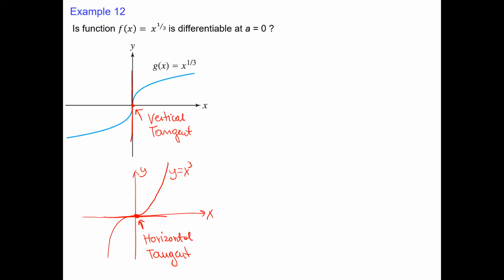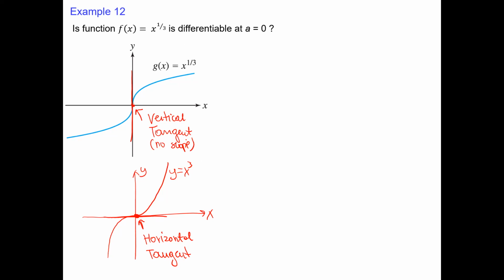Vertical tangent, what is the slope of vertical lines? No slope, that means no derivative, we know the answer. The function is not differentiable at 0. A vertical tangent has no slope, but let's prove it.